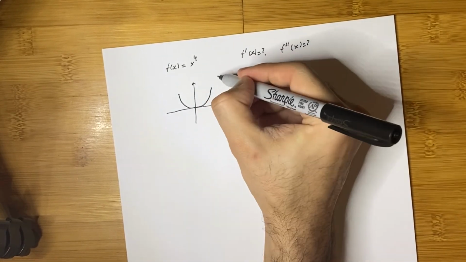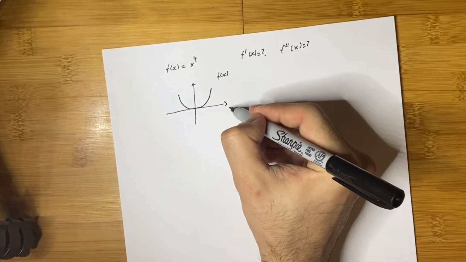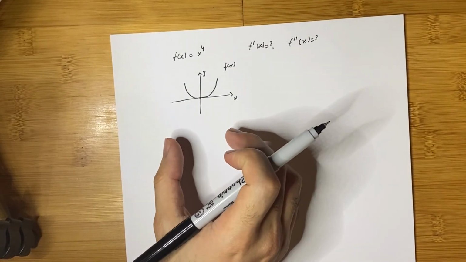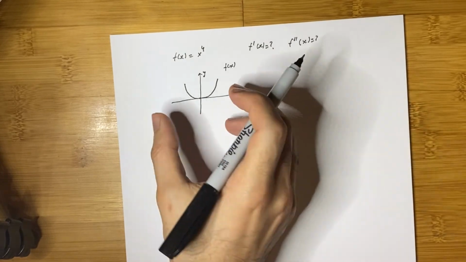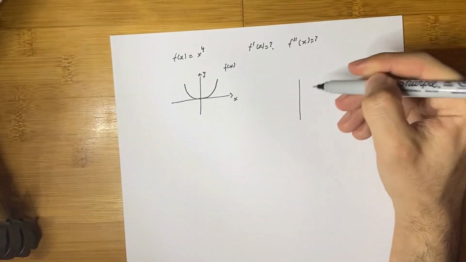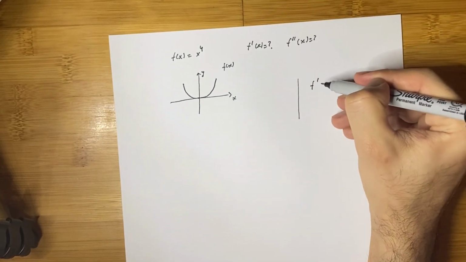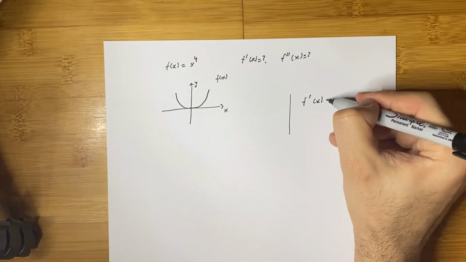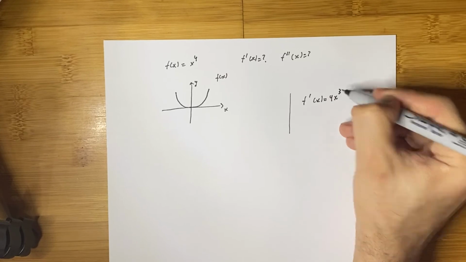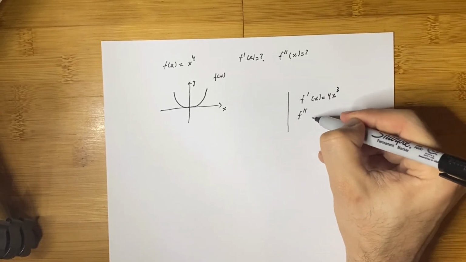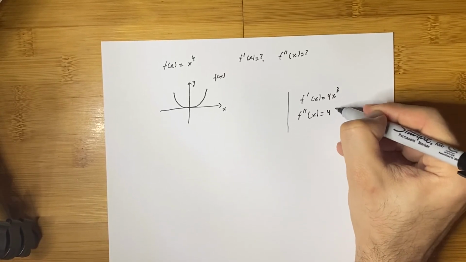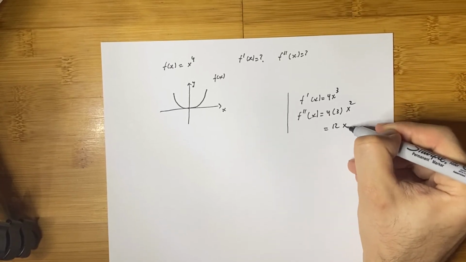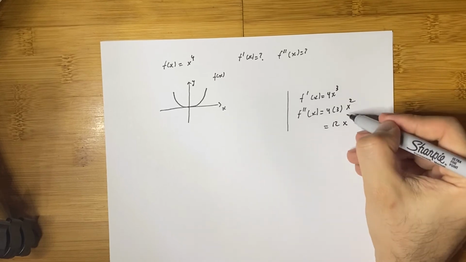Okay, this is f of x, this is x, and this is y. Now, if we want to take the derivative, we can use the power rule, which gives f prime of x as 4x cubed, and the second time it's going to be 4 times 3x, which is 12x squared.